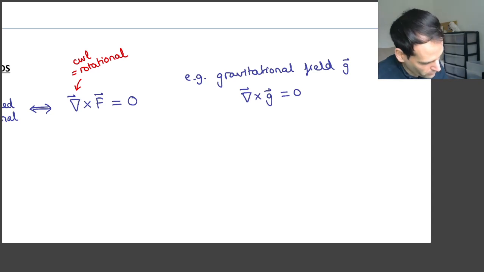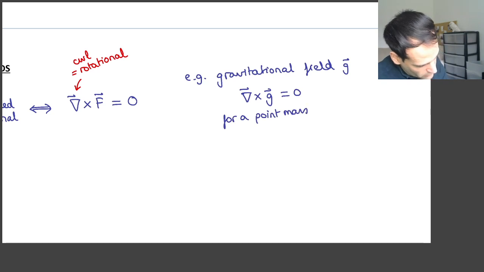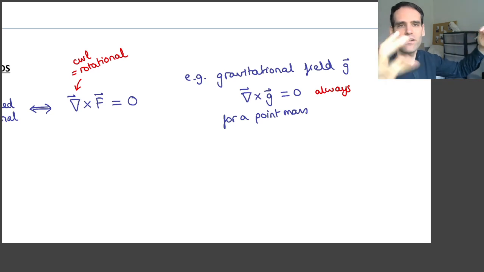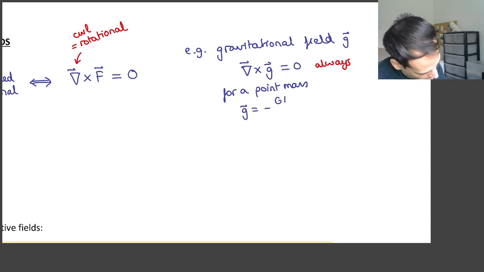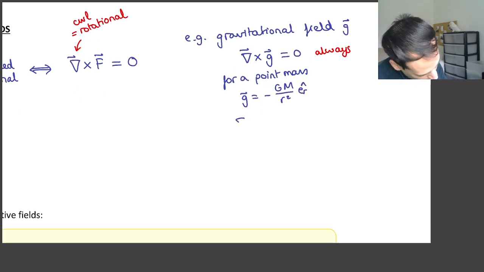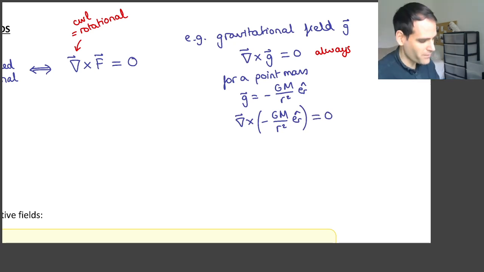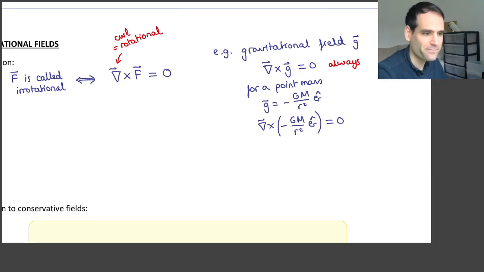Okay, so this is true always for any set of masses, like in the solar system, you have a complex gravitational field, but its rotational is 0. But in the specific case of a point mass, when the gravitational field is given by minus GM divided by r squared er hat, then the rotational of that is 0. And it might be an interesting exercise for you to check that.